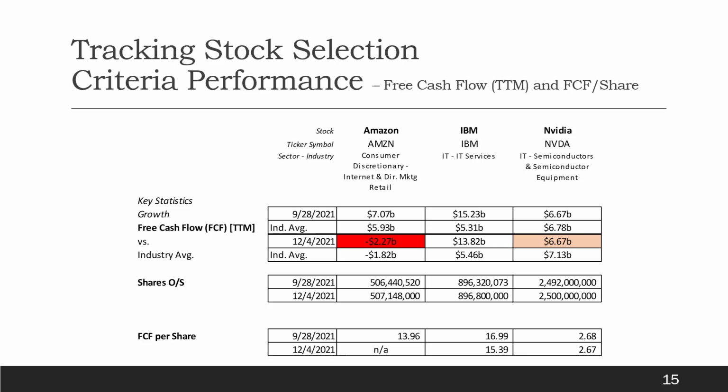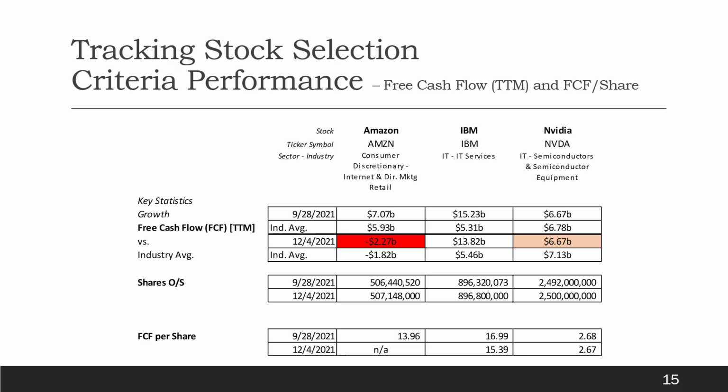Free cash flow, trailing 12 months, and free cash flow per share. Investopedia says free cash flow, FCF, represents the cash available for the company to repay creditors and pay dividends and interest to investors. Free cash flow can reveal problems in the fundamentals before they arise on the income statement.